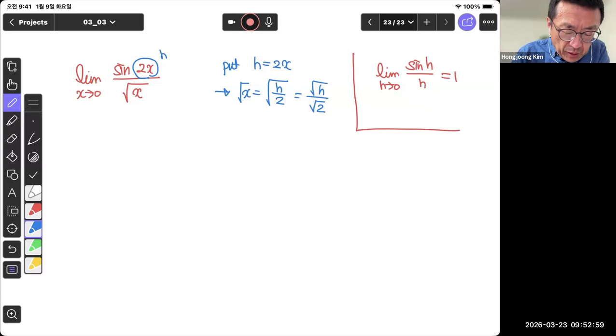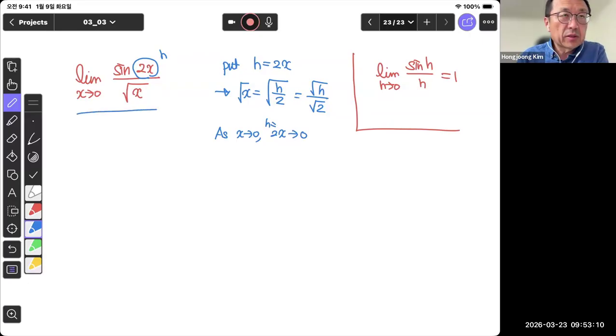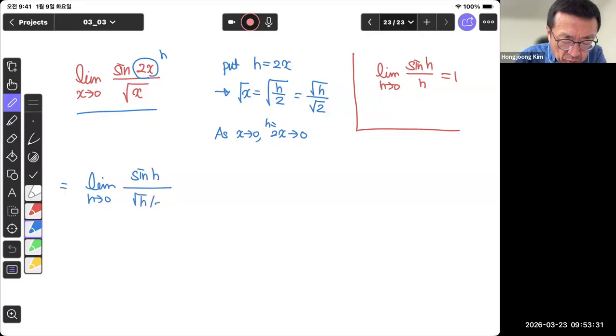And as x goes to 0, 2x, which is h, will go to 0. So if I rewrite this expression in terms of h, we have the limit as h goes to 0 of sine h, but the denominator is not h. We have square root of h over 2.